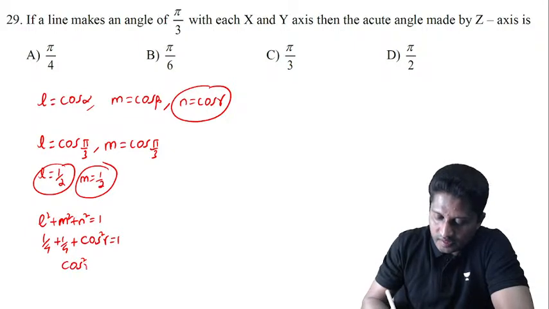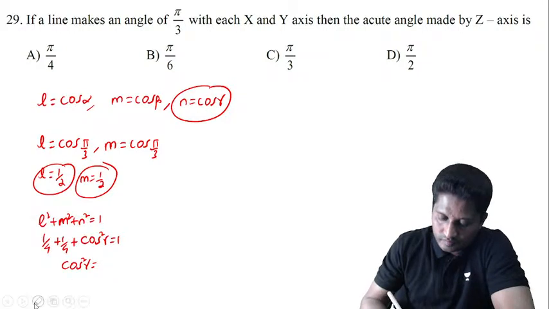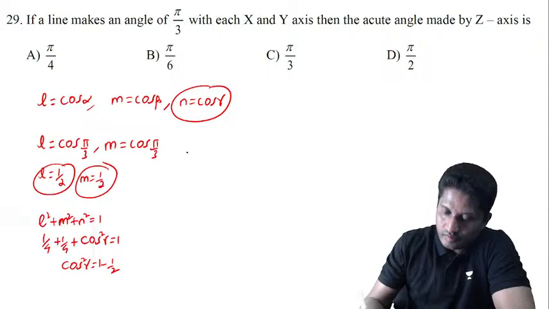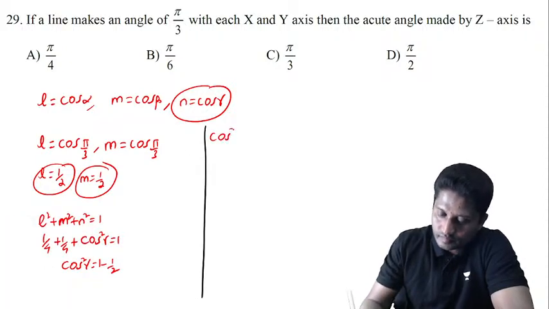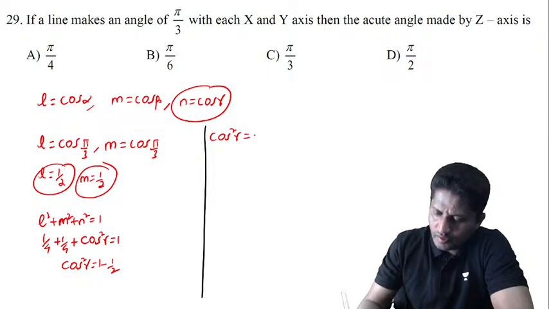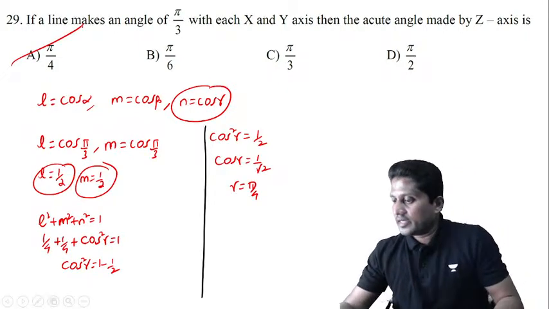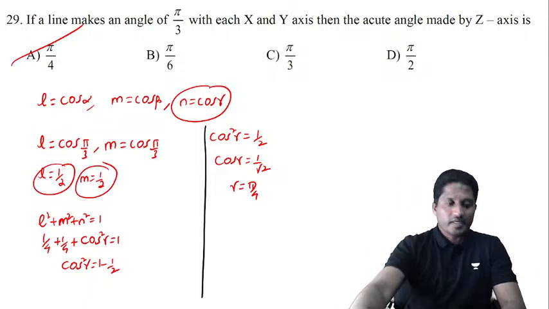So cos square gamma is equal to 1 minus 1 by 2, so cos square gamma is equal to 1 by 2. Cos gamma is equal to 1 by root 2. Gamma should be equal to 45. Answer is option A. 29 is option A only. Sahil, option A, right?